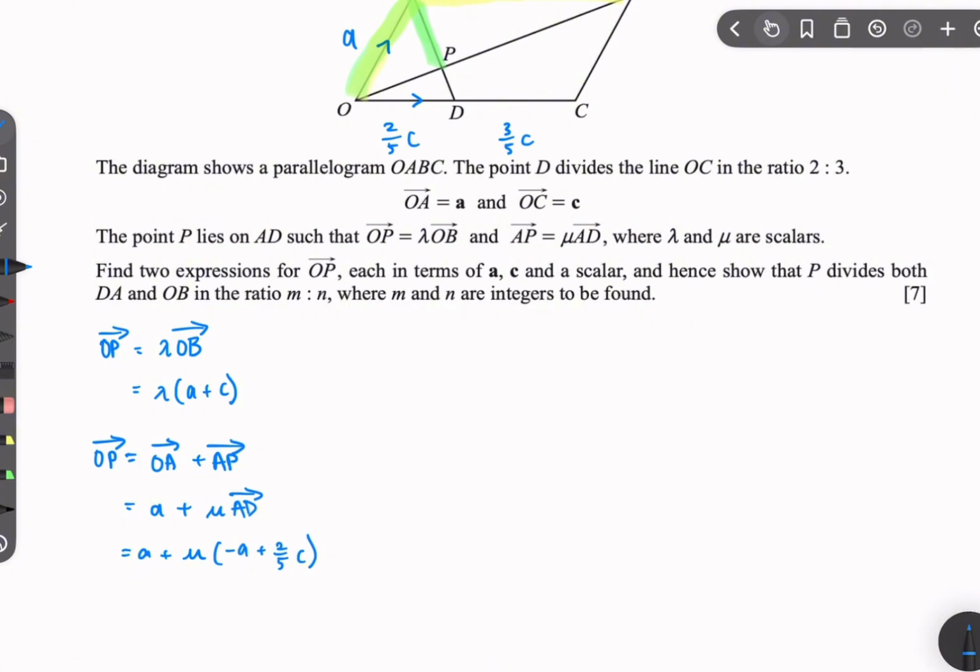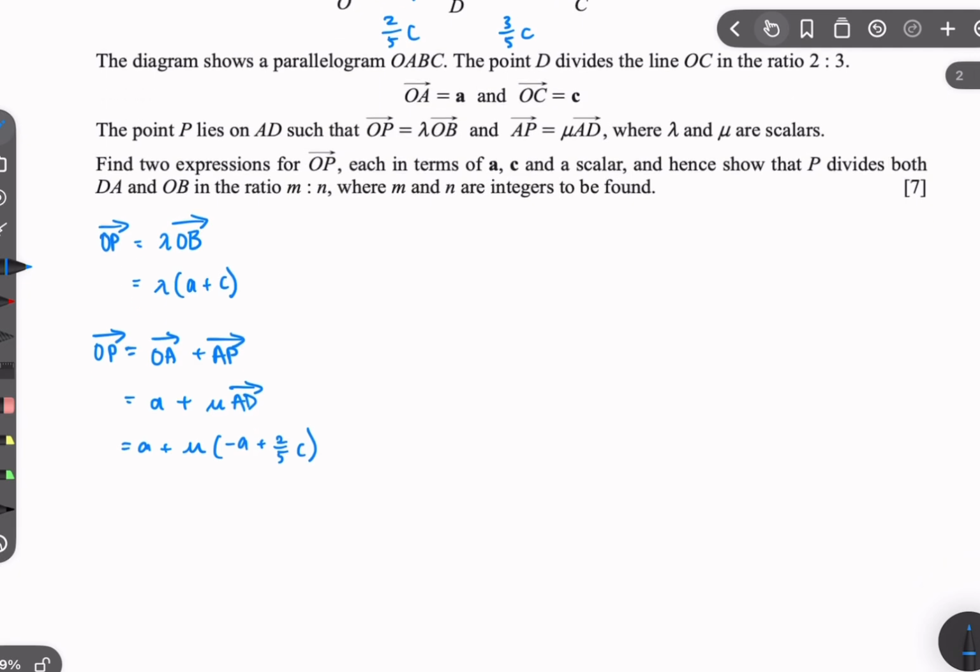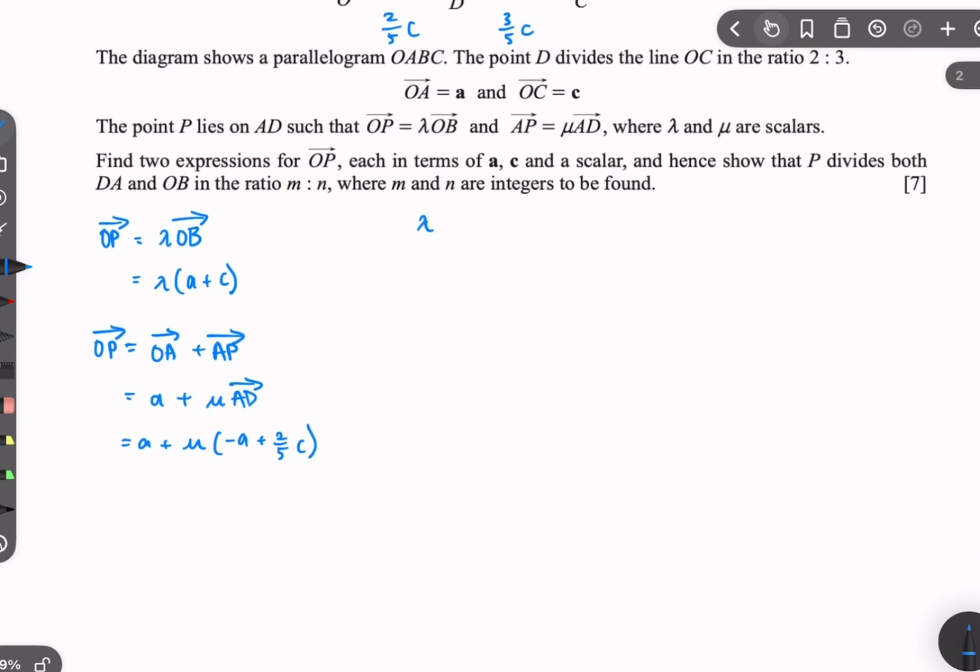Now we can equate both of these equations. And I'm going to group all the A and C terms together so that it's easier to see.